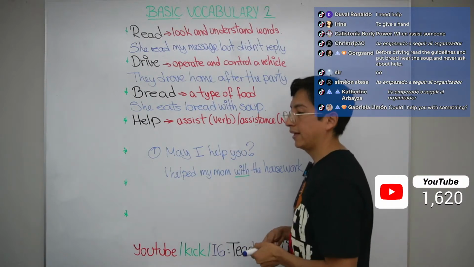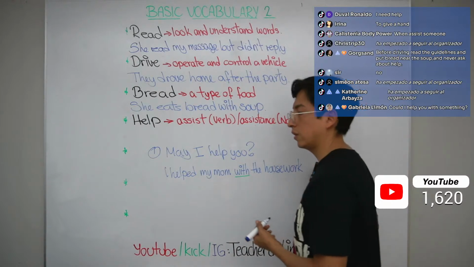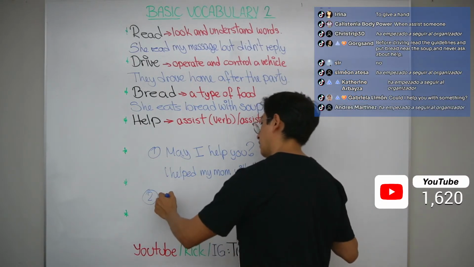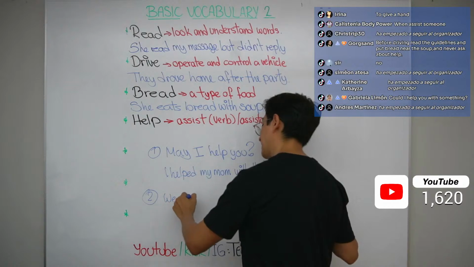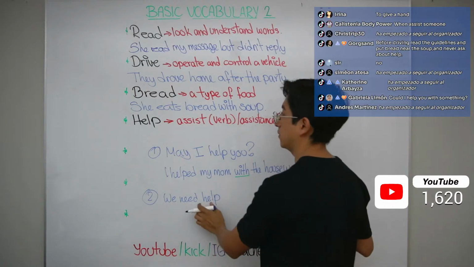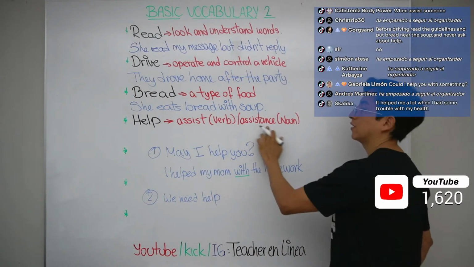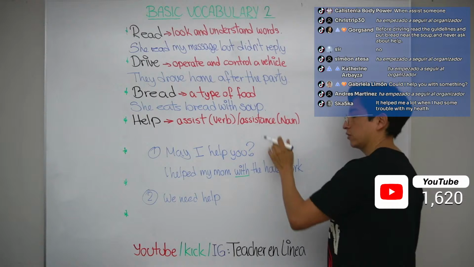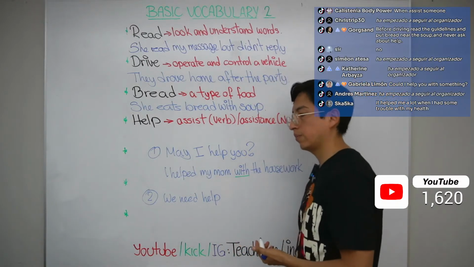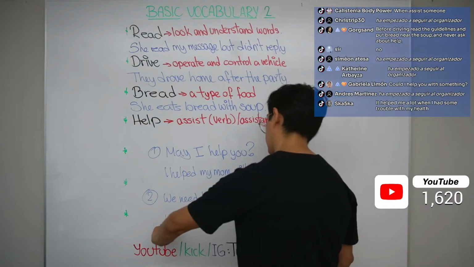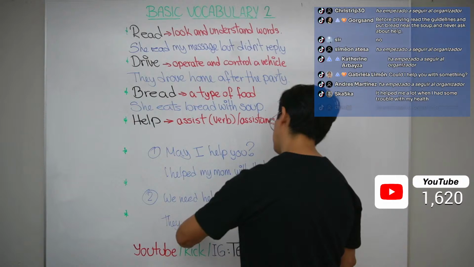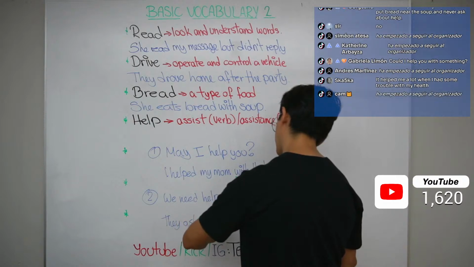Okay. And what else? You can use here, for example, number 2. We need help. This is the second meaning. We need assistance. We need support. Yes, we need help. Or the other possibility, they ask for help.